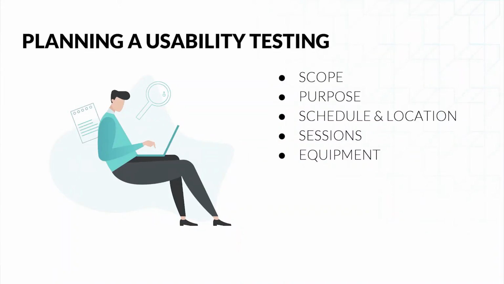Next part, equipment. As I mentioned, first of all, depending on whether you are running the in-person studies at a specific location, or doing them remotely, we need to have some kind of software.